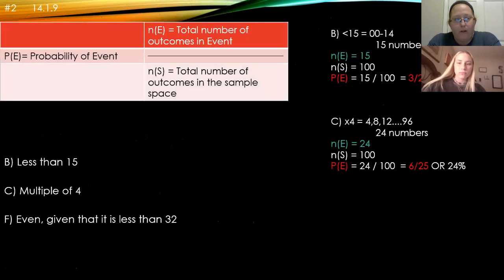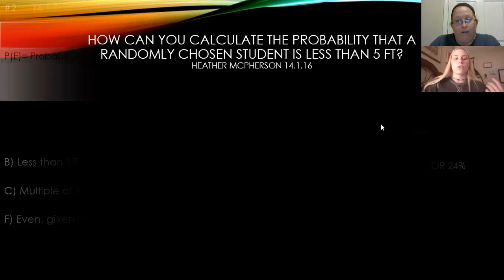Skylar, can you tell us how to get less than 15, a multiple of 4, and the even given that it is less than 32? Yes. So less than 15, so you have double zero all the way to 14, which are 15 total numbers.